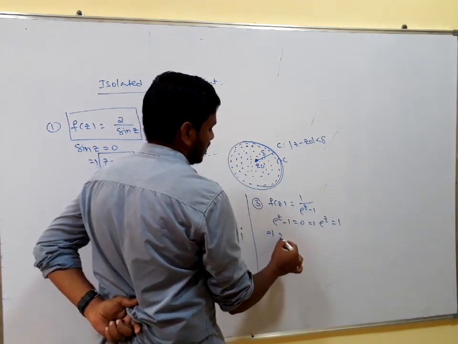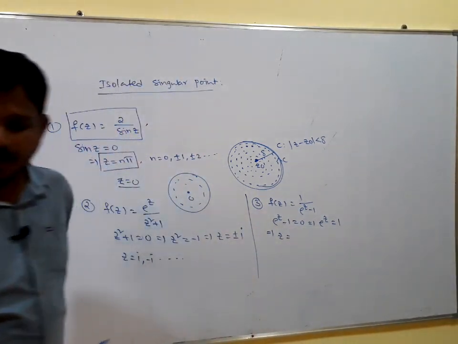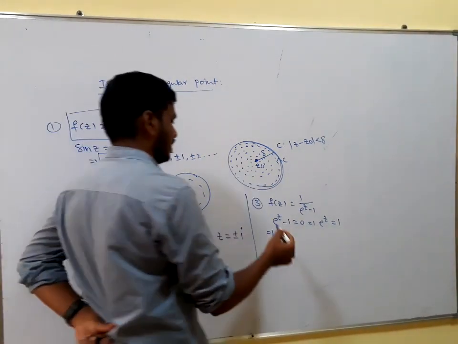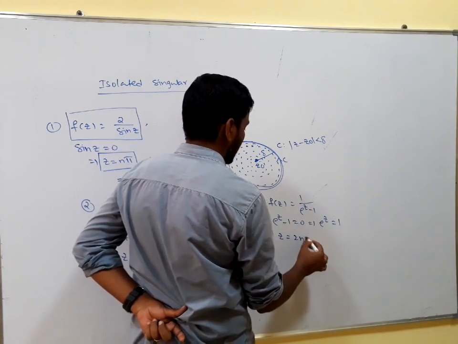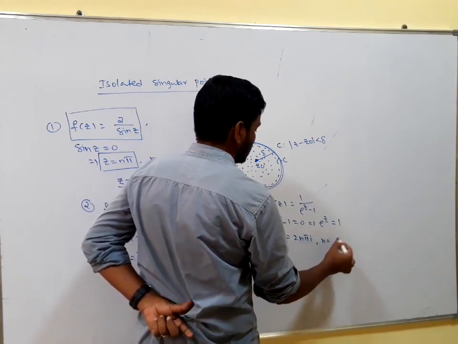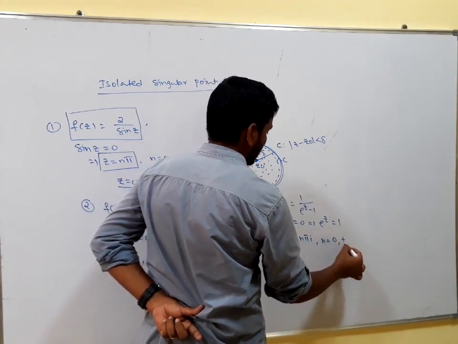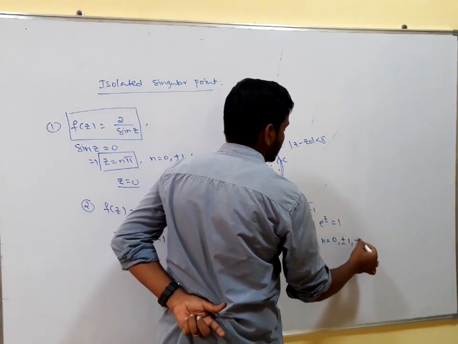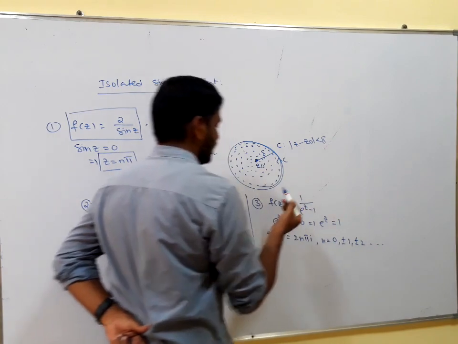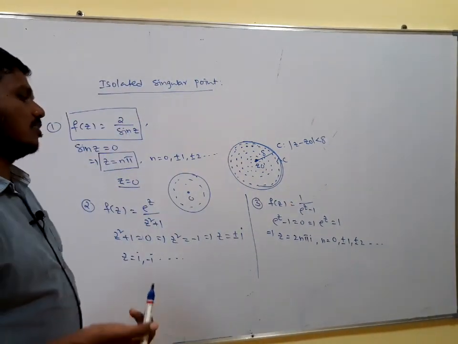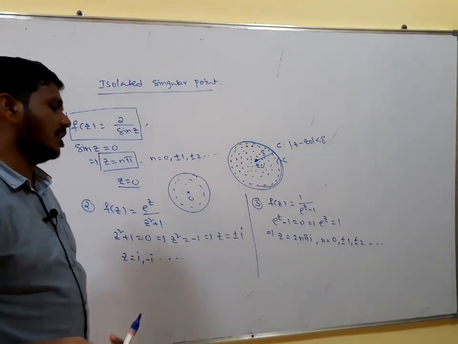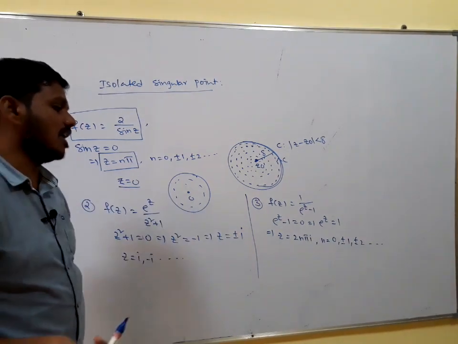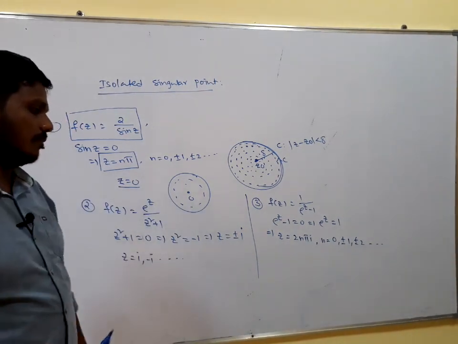That implies z = 2nπi, which we discussed just now, where n = 0, ±1, ±2, and so on. The function f(z) = 1 by (e^z - 1) has an infinite number of isolated singular points. They are z = 2nπi.